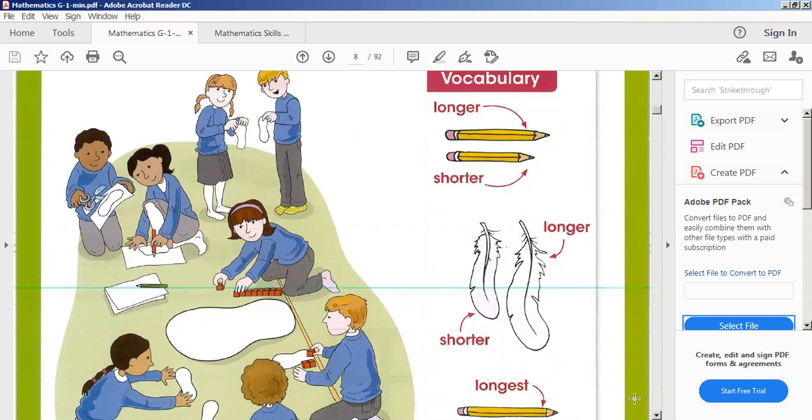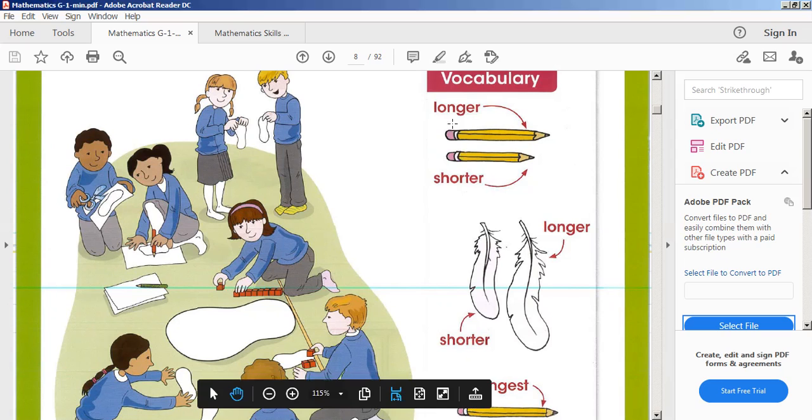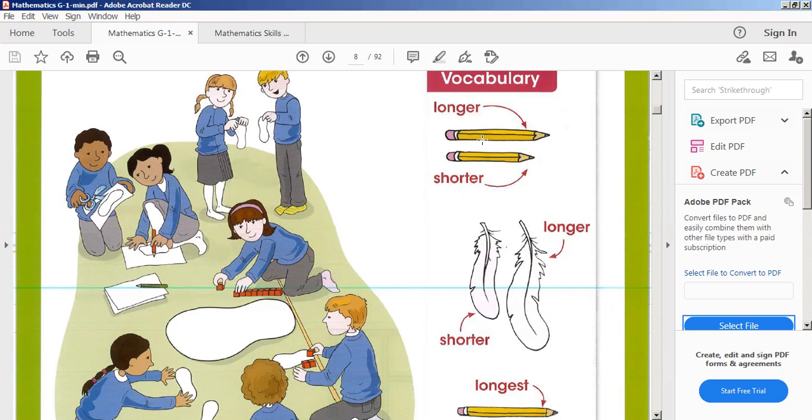The main thing, our topic, is around longer and shorter. For a short thing, when we compare it with another thing, we use shorter, we use er. And for a long thing we use longer, again er, when we compare two things.